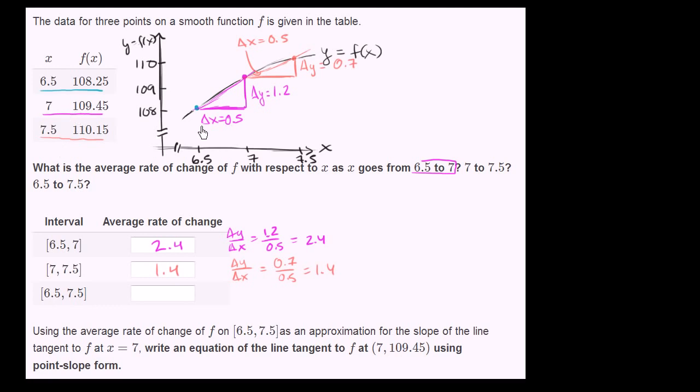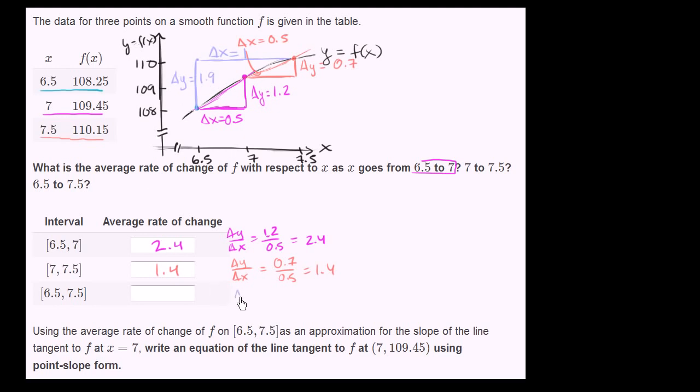So let's think about our delta x, and maybe I'll do it up here. Our delta x, we're going from 6.5 to 7.5. So our delta x is equal to 1. And what is our delta y? Our change in y is equal to, let's see, we end up at 110.15. We started at 108.25. 110.15 minus 108.25, we increase by 1.9.